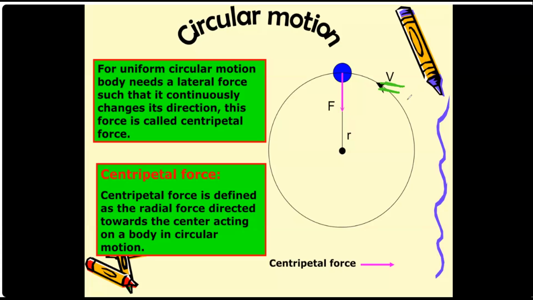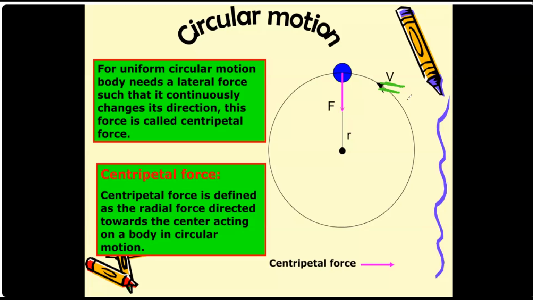So you can have a body moving with constant speed, yes, but the fact that it's changing direction as it moves means it's really accelerating, right? You get that? So for a body going around in a circle, even though it's moving with constant speed, it's actually accelerating.